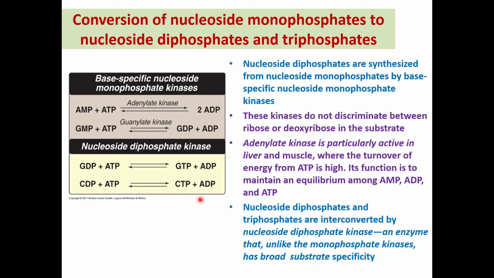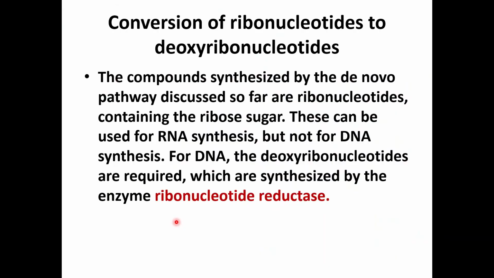So all these are the ribonucleotides. These ribonucleotides will synthesize RNA, but we want DNA also. So for the conversion of ribonucleotides to deoxyribonucleotides, we need another enzyme, known as ribonucleotide reductase.